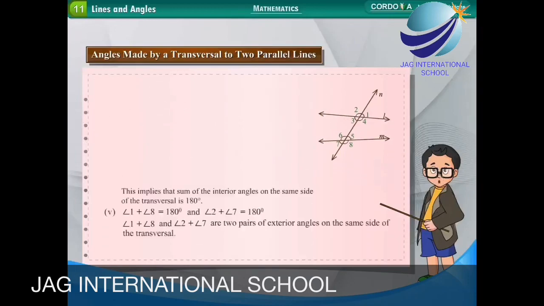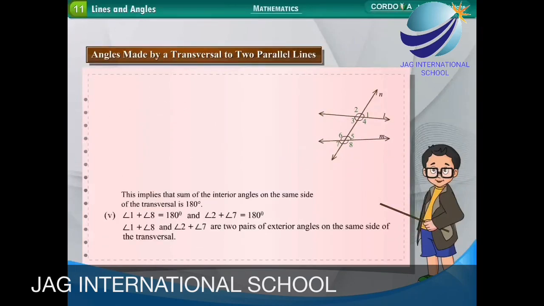This implies that the sum of the interior angles on the same side of the transversal is 180 degrees. Angle 1 plus angle 8 is equal to 180 degrees, and angle 2 plus angle 7 is equal to 180 degrees. Angle 1, angle 8, and angle 2, angle 7 are 2 pairs of exterior angles on the same side of the transversal.